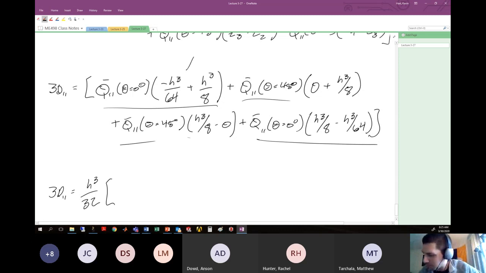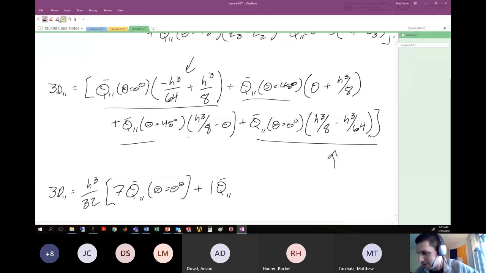The contribution from this guy and this guy together will be a total of 7, which is a little bit strange. So 7 Q bar 11 for the condition for theta equals 0, plus my coefficient here will be 1 Q bar 11. You can leave the 1 in or leave it out; I'll just take it out because it looks a bit silly to me. Q bar 11 for theta equals 45 degrees.